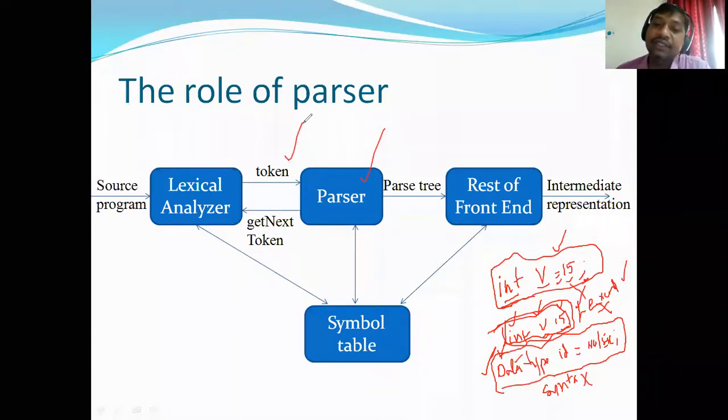If something goes wrong, it will produce syntax errors. Those errors are ultimately handled by the error handler routine, an additional phase of the compiler design process. I hope you understand this concept.